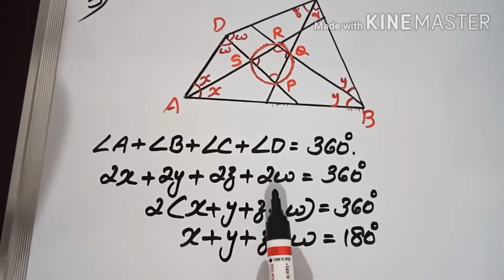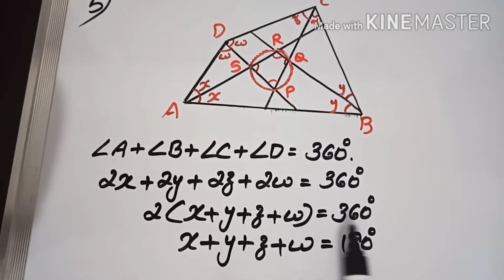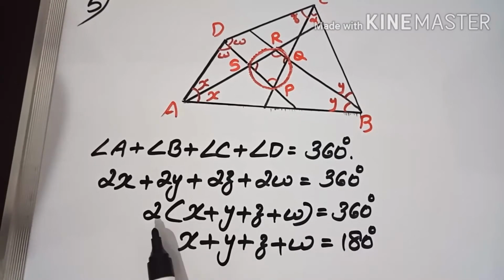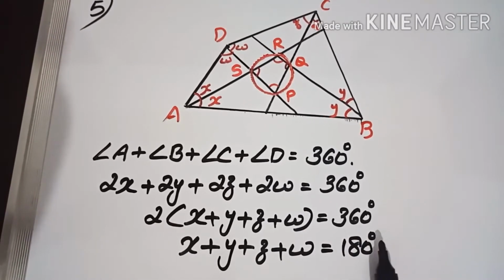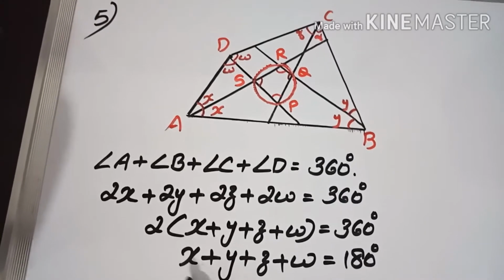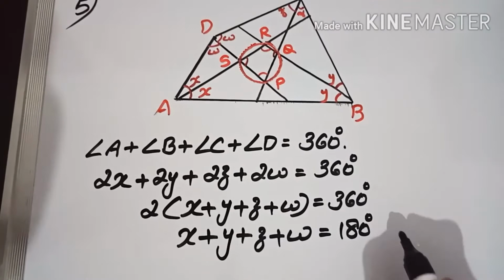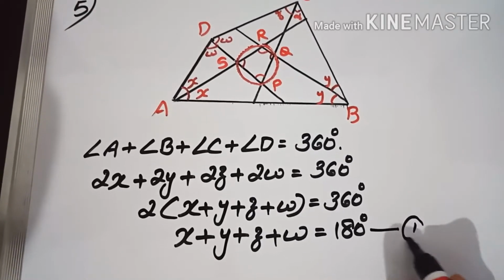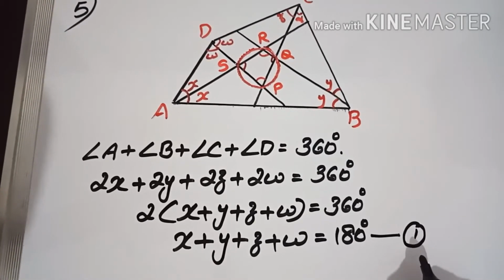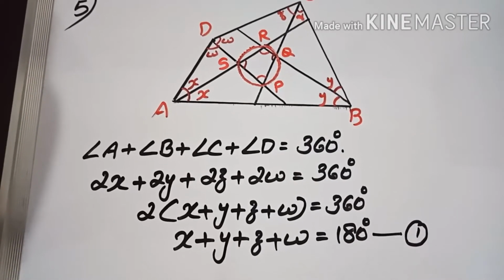Then 2 is common, which I took outside: 2 into x plus y plus z plus w equals 360 degrees. Let's take this 2 to this side. That means 360 by 2, it is 180 degrees. So we got x plus y plus z plus w equals 180 degrees. Let's consider this as the first equation. We need this for the further steps.